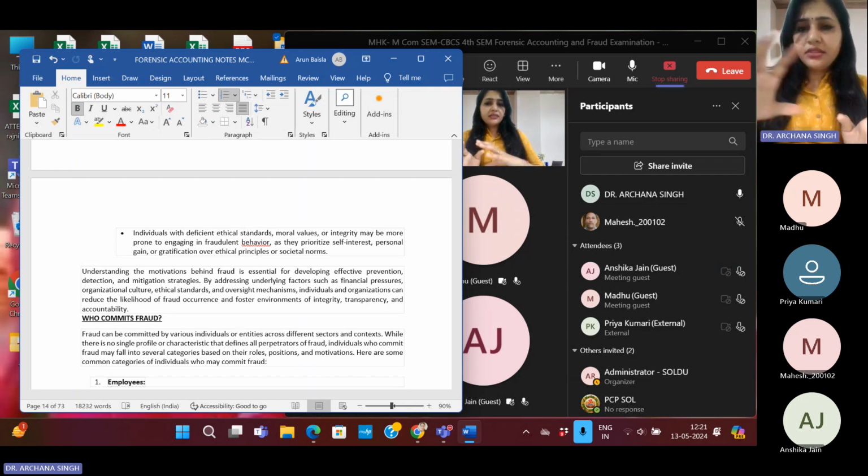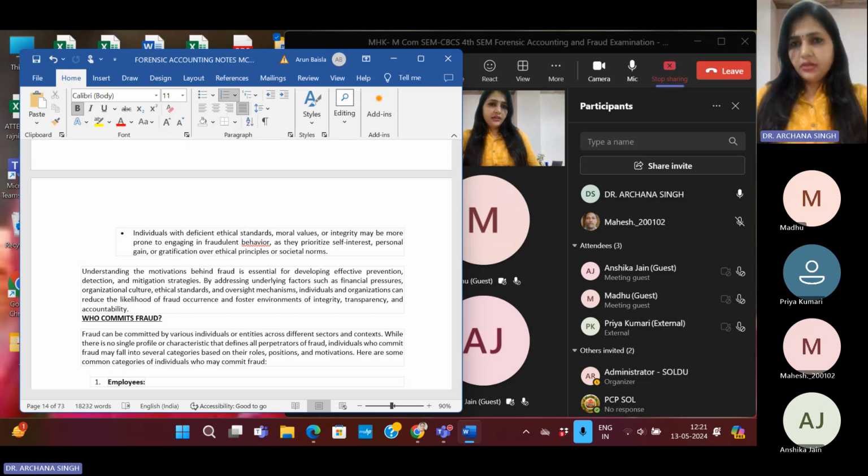Okay, so by addressing all these underlying factors, such as financial pressure, organizational culture, ethical standards, oversight mechanisms, individuals and organizations can reduce the likelihood of fraud occurrence and foster an environment of integrity, transparency, and accountability if they understand these motivations behind the fraud. Okay, so this was about why a person commits fraud, or why a fraud is committed.